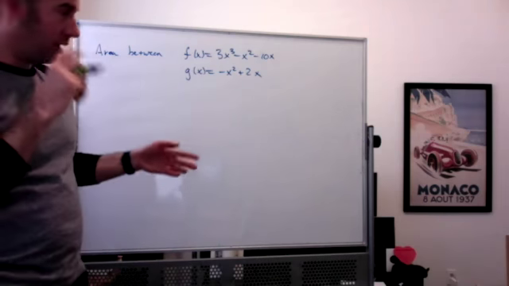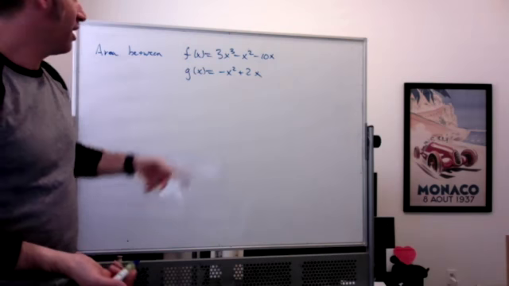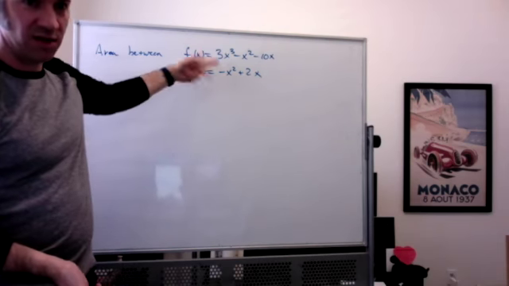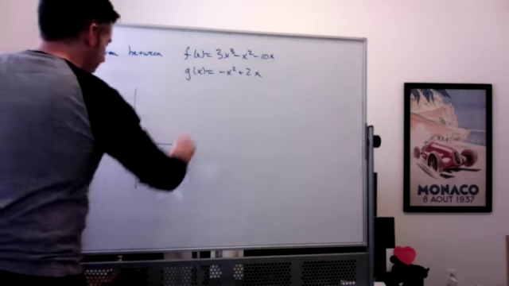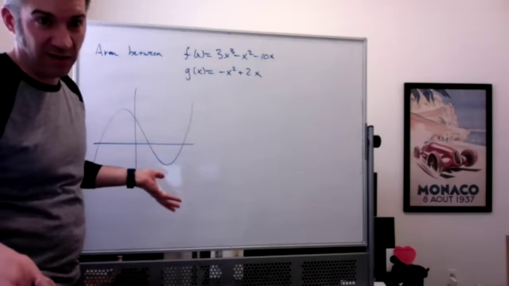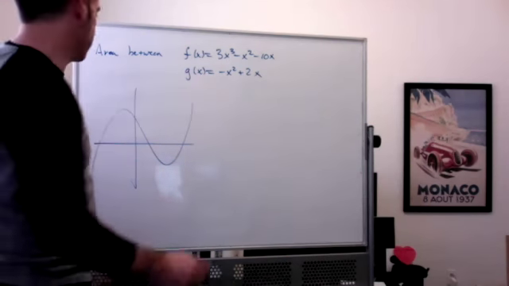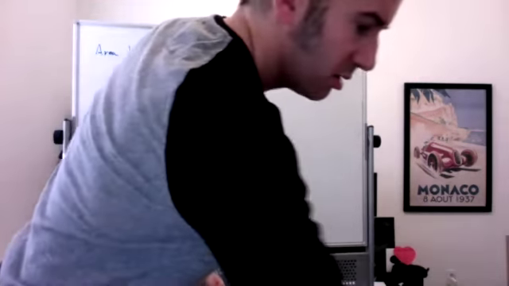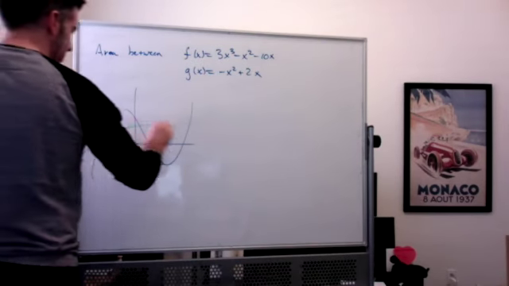And so I have a vague idea of what these graphs look like. I know this is a cubic function. f of x probably looks vaguely like this. I don't know exactly. This is a downward opening parabola. So maybe it looks, I don't know, something like this.